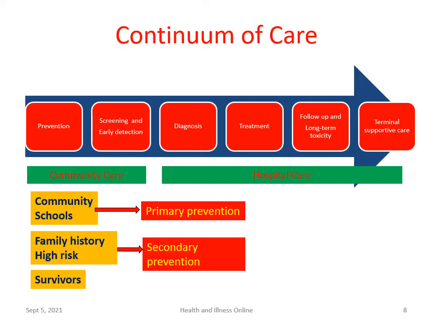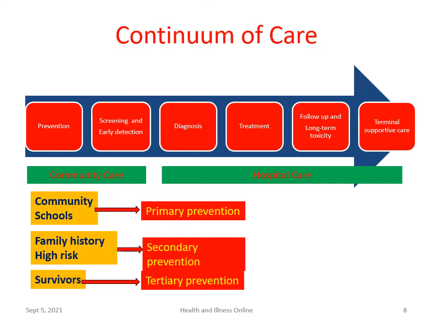And what we want to highlight over here is that primary prevention is for diseases out there in the community, in the schools, etc. For example, right now there are primary prevention strategies for COVID disease throughout the world, which include school closure, not going to the restaurants, physical distancing, not shaking hands, wearing a mask, hand hygiene, respiratory hygiene, and now waiting for the vaccines. So all of those are primary preventive measures.